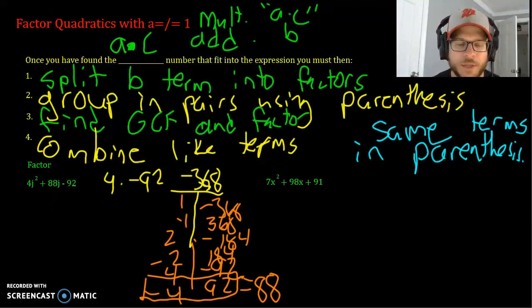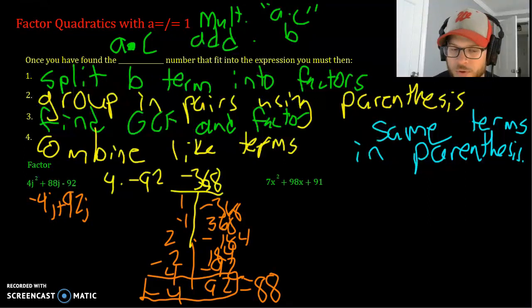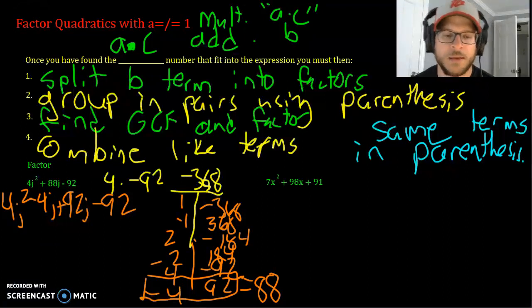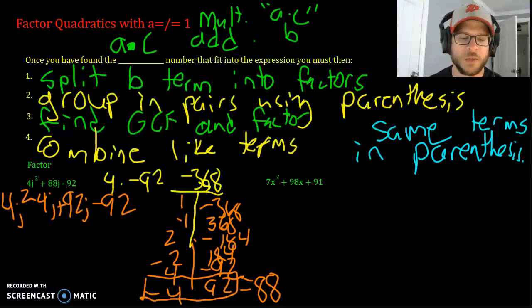So you're going to split up your b term, or instead of saying 88j, it's going to be a negative 4j plus 92j, and they could be in any order. You could put the 92 first, or you could put the 4 first, and then you're going to bring down your first term and your last term, so that your j squared and then your constant go down on the first and the last term. So you should be taking 3 terms, splitting up your middle one to get 4 terms total.